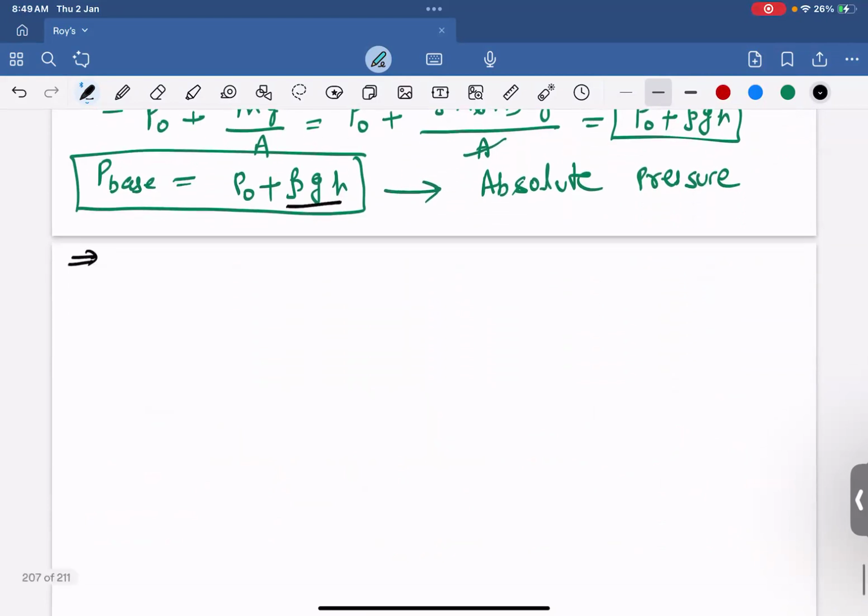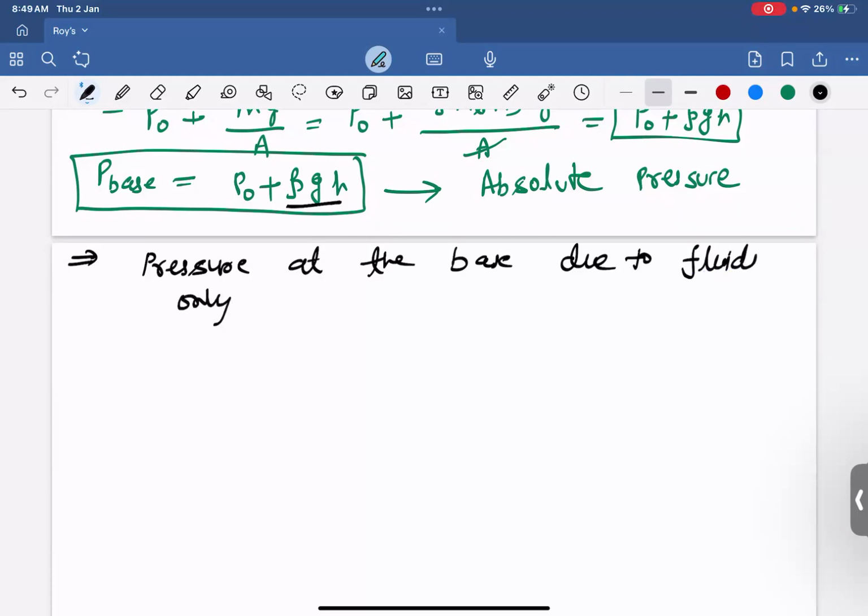So if I say the pressure at the base due to fluids only, atmospheric I am not considering, then you will write rho g h.